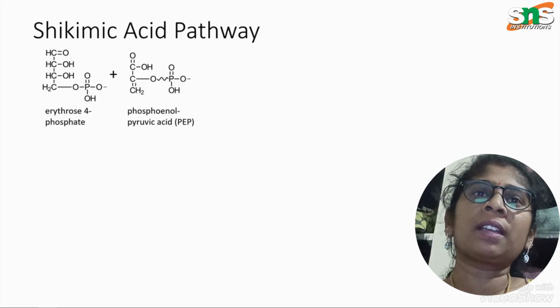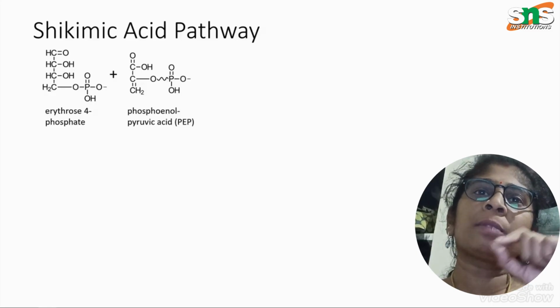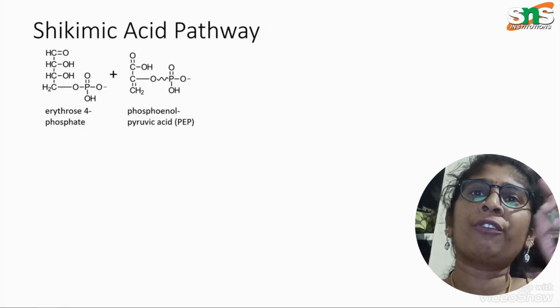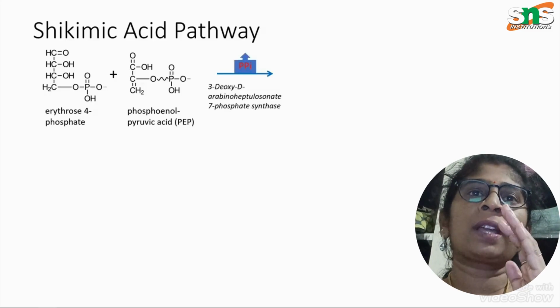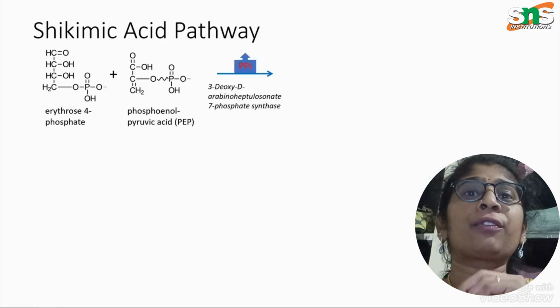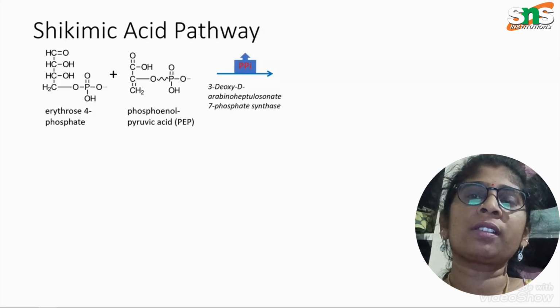What is the Shikimic acid pathway? Let's start with the basic idea. The Shikimic acid pathway is a metabolic pathway found in plants, bacteria, fungi, and algae, but not in animals. That's why it's such an interesting target for herbicides and antibiotics, because humans don't have it.